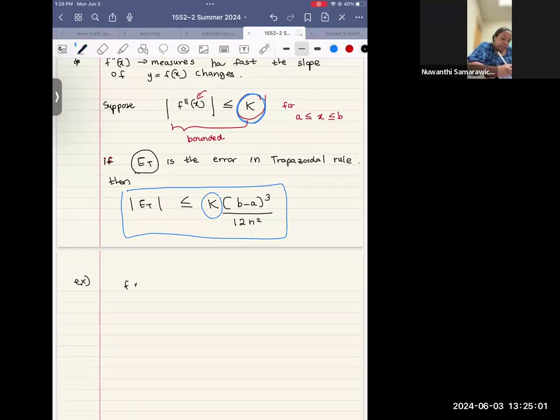If your function f(x) is x squared, can you all find the second derivative of f?